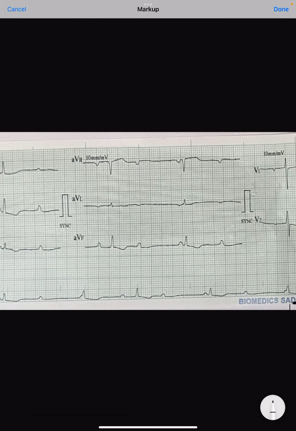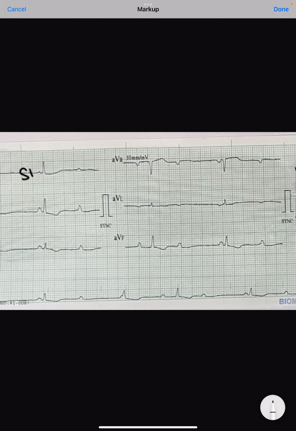Whenever the heart rate is around 40, I always think of complete heart block, because whenever we have a sinus rhythm, it means the impulses are originating from the sinoatrial node in the atrium, so the heart rate will be between 60 to 90.